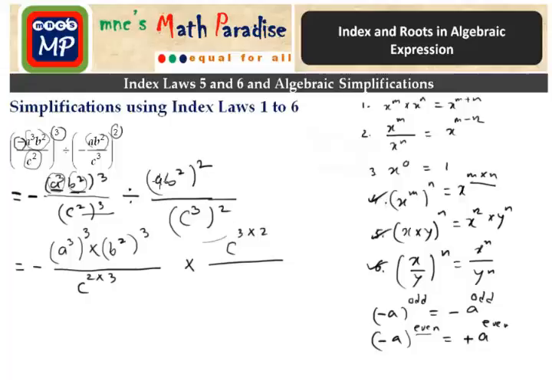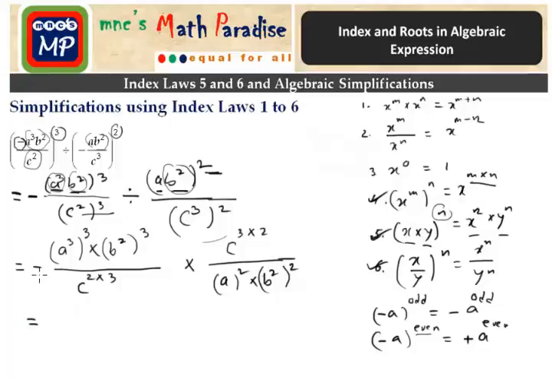And this part a b square to the power 2, so this common power will distribute over a and b square, so a will get this common power as well as b square. Here we already got b square, so this b square will get this common power 2. So this common power will be distributed over both these using index law 5, where with multiplication and a common power, that common power distributes over each of the bases.